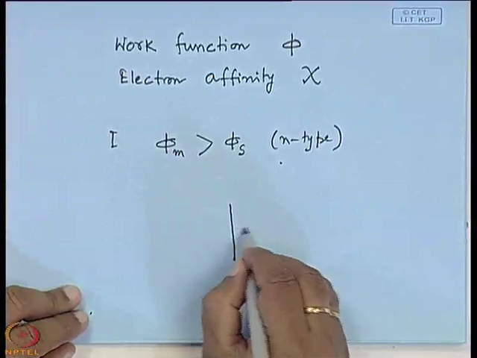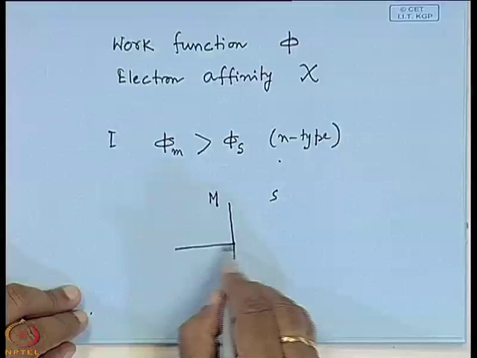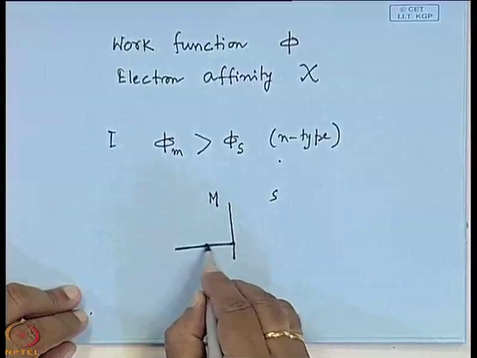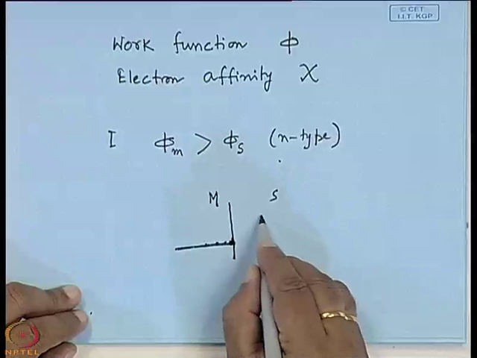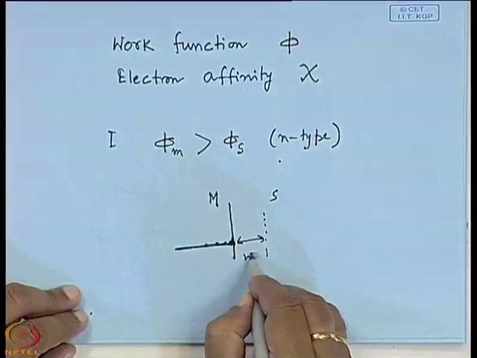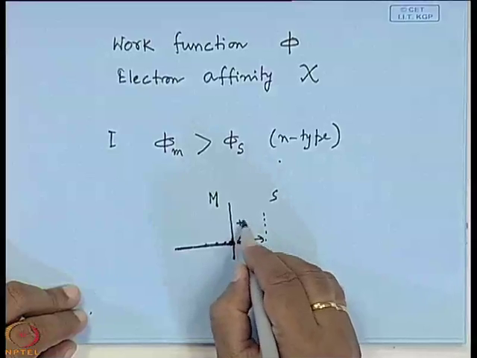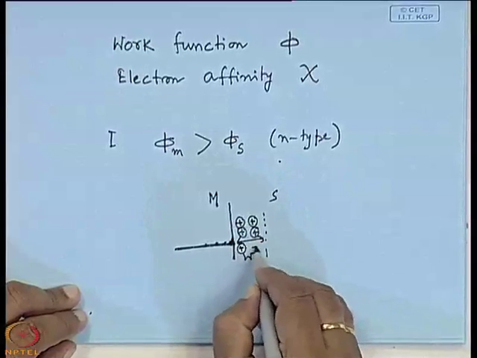At this junction, say this is the semiconductor, this is the metal surface, electrons will be deposited, and on the semiconductor side we can consider a depletion layer of width W, where there will be only uncompensated positively charged donors.